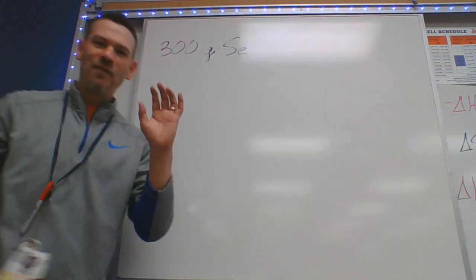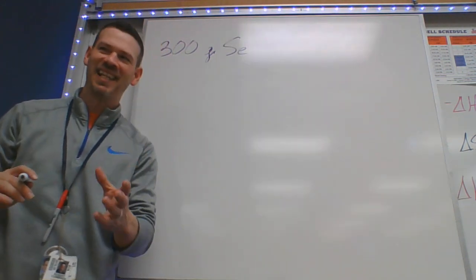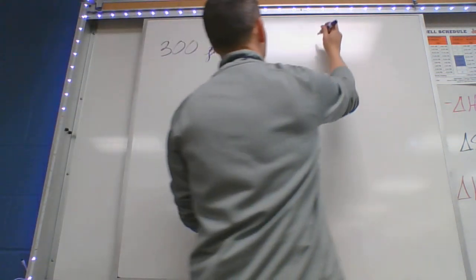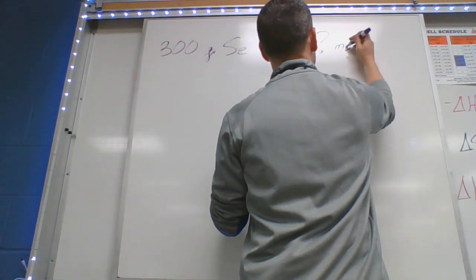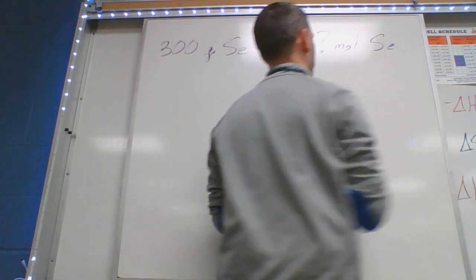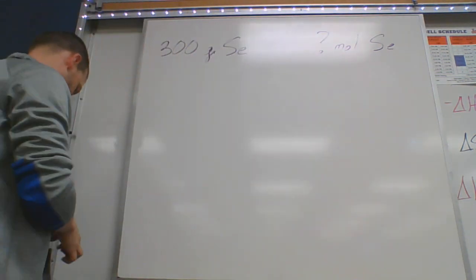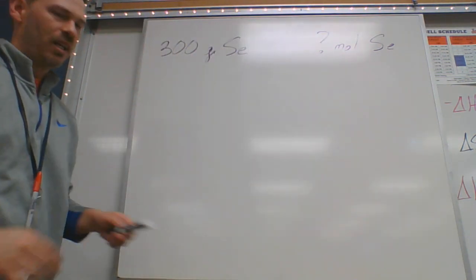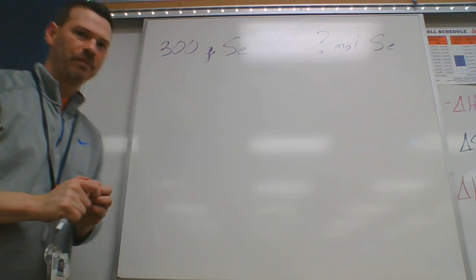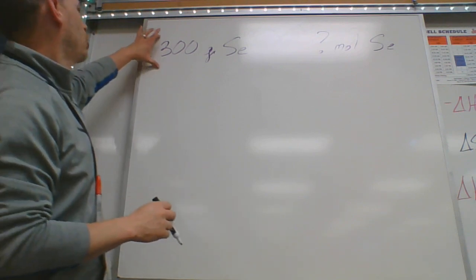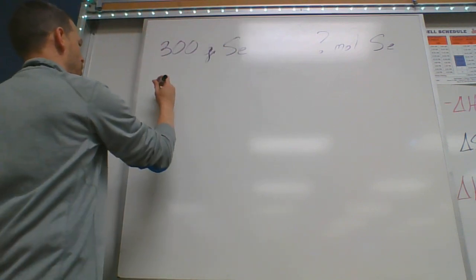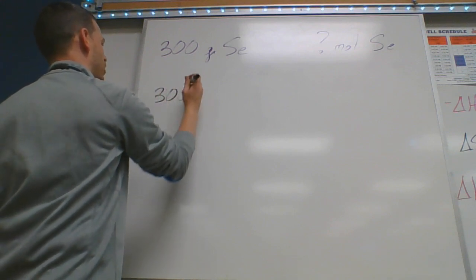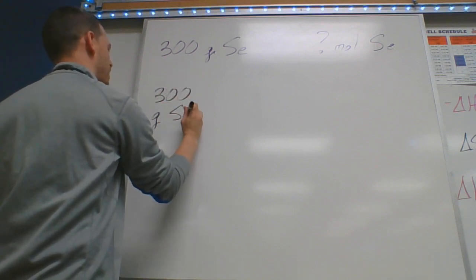All right. If you have 300 grams of selenium, I want to know how many moles that is. So let's get this going together. Start with your entire given expression. So I'm going to start with 300 grams of selenium.